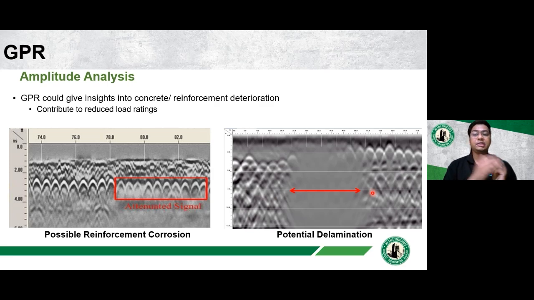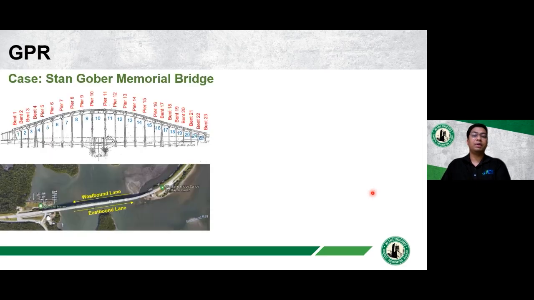So if the concrete subsurface area has a delamination or moisture present, then you will get a weaker GPR signal back to the antenna. Therefore, the analysis of reflection amplitudes can provide an insight into the condition of the steel and the quality of the concrete cover. And one good example of such analysis is the Gober Memorial Bridge in Florida.